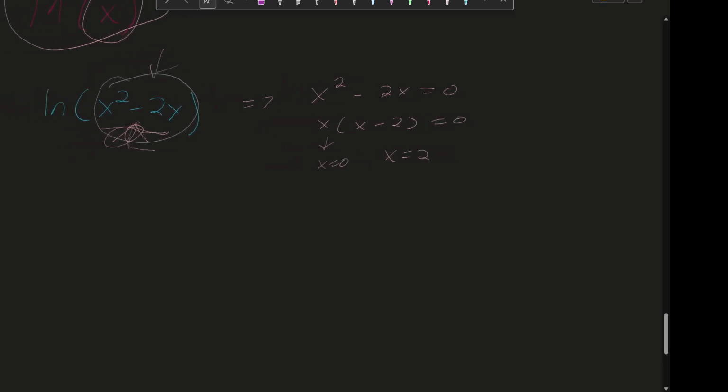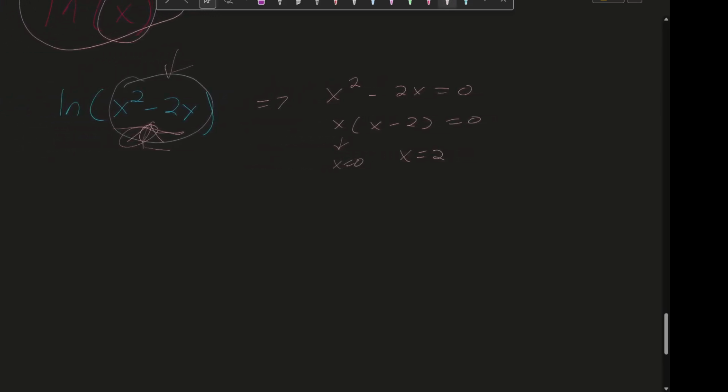But then also looking at this, you'll notice this x minus 2. Looking at these two solutions to the inside argument that you found, because those are your points of interest, you'll notice that x minus 2 corresponds with your x equals 2 solution.